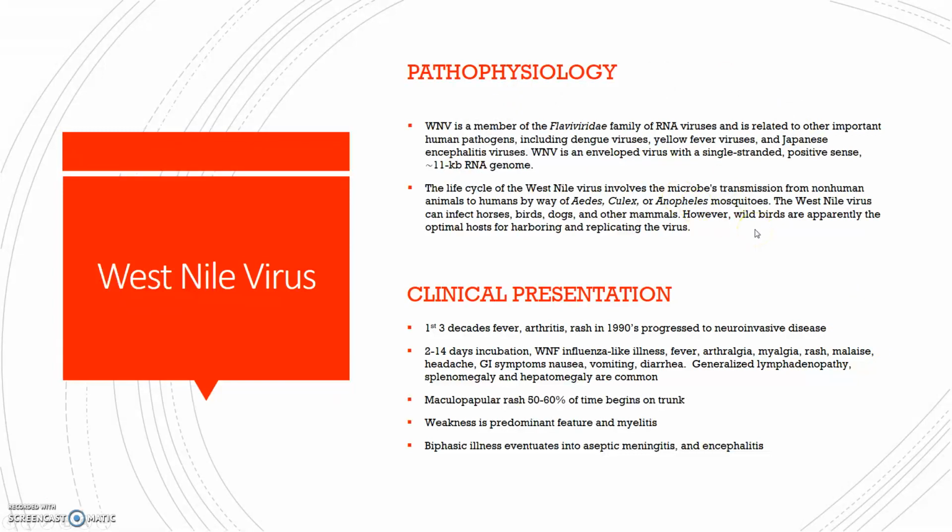The life cycle involves transmission from non-human animals to humans by way of those types of mosquitoes. West Nile virus can infect horses, birds, dogs, and other mammals. However, wild birds are apparently the optimal host for harboring and replicating the virus.